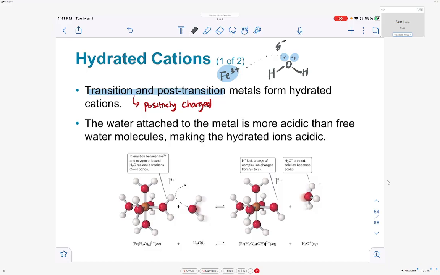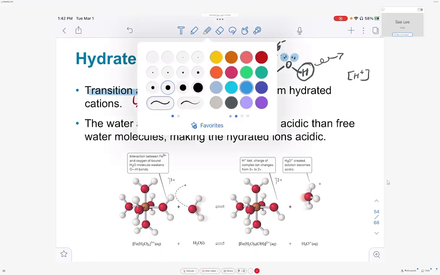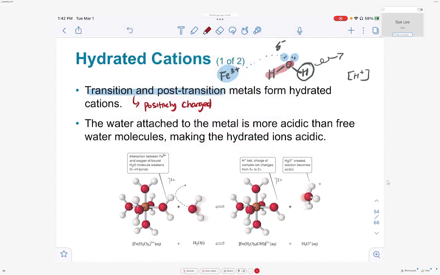This is not a reaction, but it's more like a coordination where they come closer together. Then eventually, due to this coordination, the hydrogen of the water will fall off, increasing proton concentration. This OH part is going to remain coordinated with the metal.